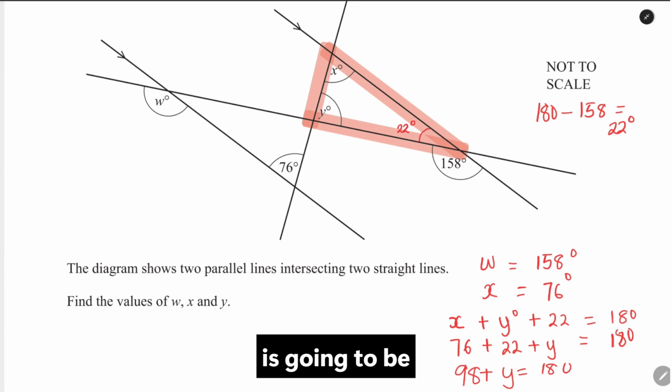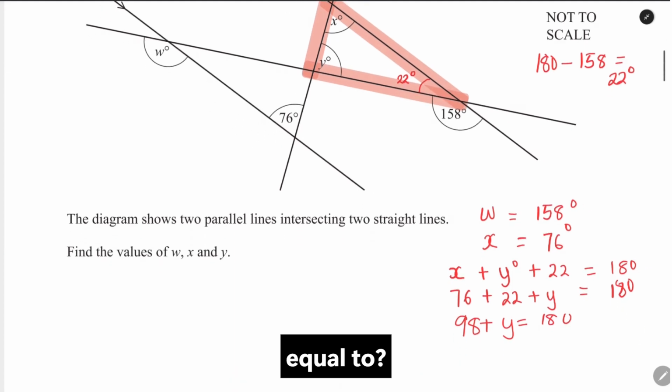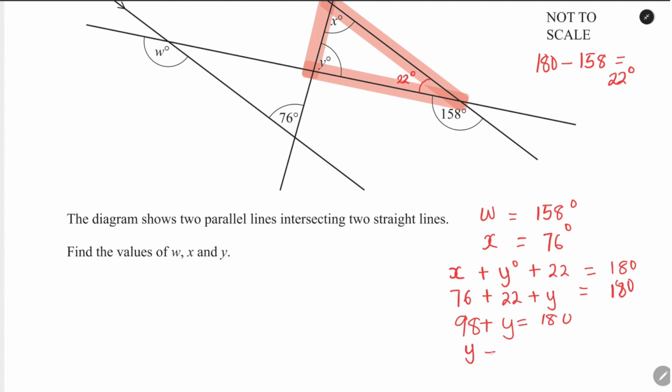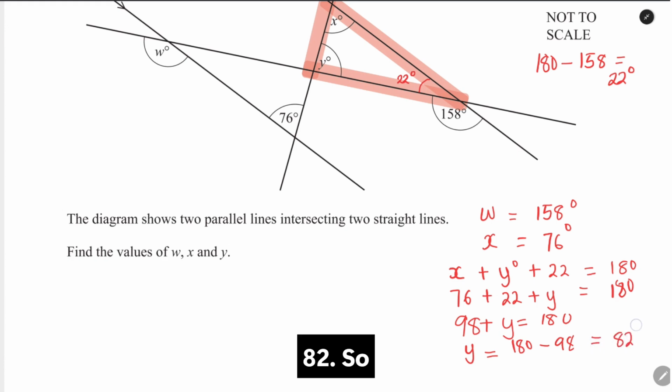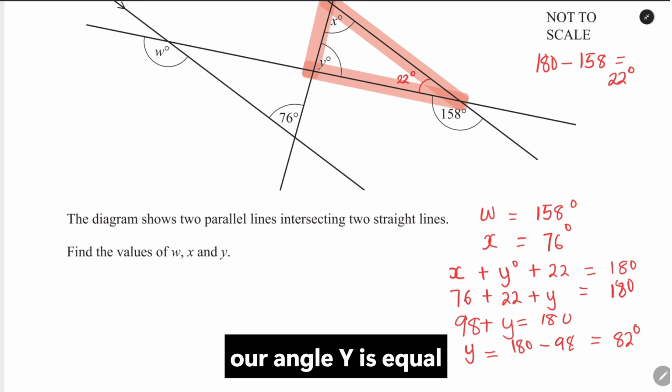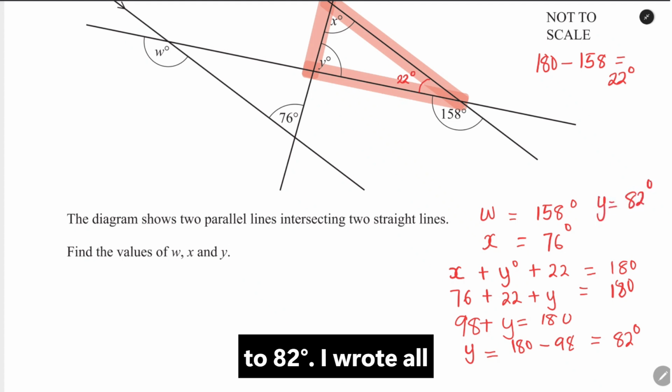Therefore, our y is going to be equal to 180 minus 98, which gives us 82. So our angle y is equal to 82 degrees.